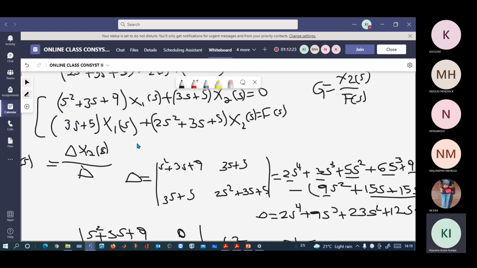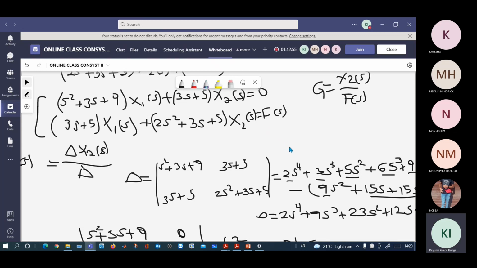Yes, why didn't you take the whole of equation 2? Because equation 2 is equal to f of s. Yes, right. Then g of s is equal to x2 of s over f of s. But in the answer, instead of f of s, you took this delta that we were calculating for Cramer's rule. Yes. The delta we used to find x2.